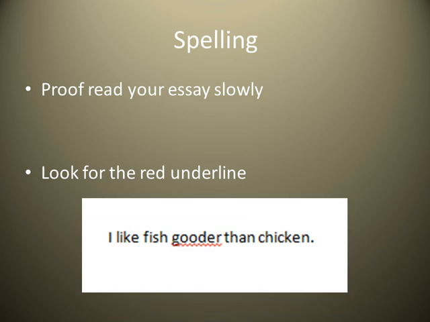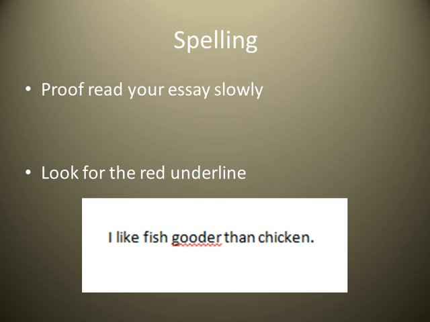Look for those red underlines. They indicate a word that is not in the dictionary of Microsoft Word if you're using Word. It's become standard even in web browsers to have that red underline to indicate incorrect spelling. So for example, I like fish gooder than chicken. Gooder is not a word, so it would underline it in red and give you a suggestion.